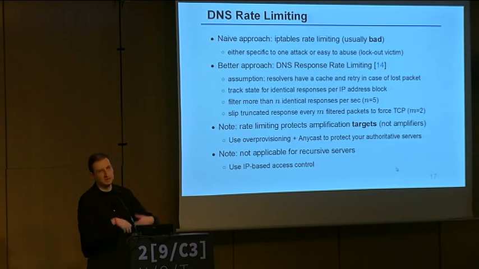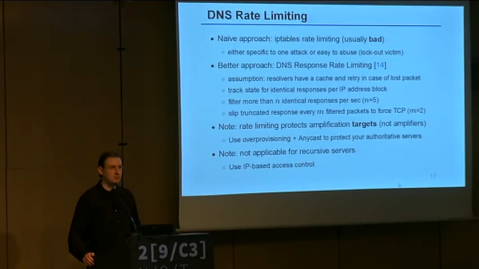Not every time, but well, it retries, and then after a second or third try it will get a truncated response. And when it gets a truncated response, it will do a TCP retry. And with TCP retry, you have no problems with amplification attacks. So DNS response rate limiting may do some damage, but it's very limited.